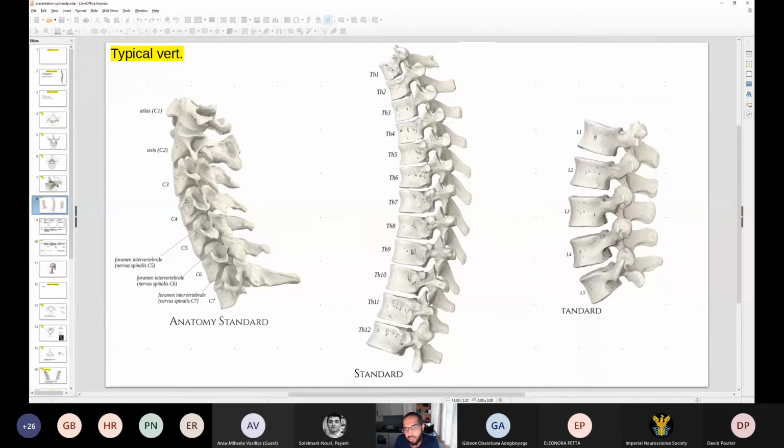This lower border of the body is not really regular. Posteriorly here it is not exactly the same as in here, and this is also not exactly the same as in the anterior bit. This is because they have to make space for articulation with the head of the rib. So the head of the rib will eventually sit in here.